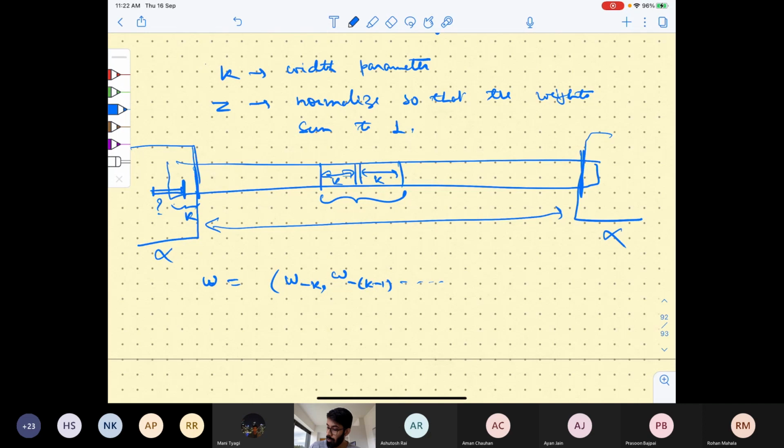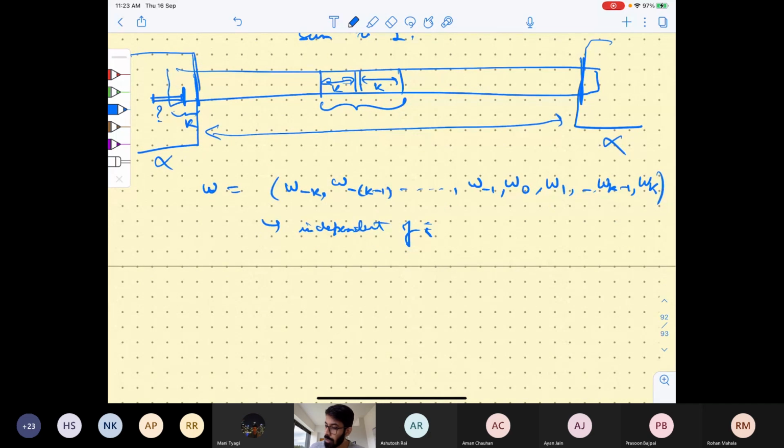So this is a vector: W minus 1, W0, W1, up to W k minus 1, W k. Right? So this is the weight vector that we are going to multiply. This is basically independent of i. This is the weight vector we will be multiplying with for every i.